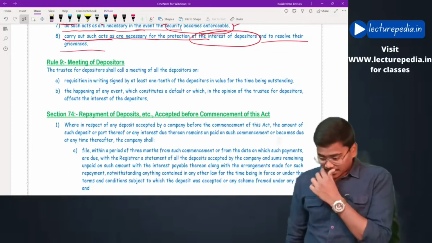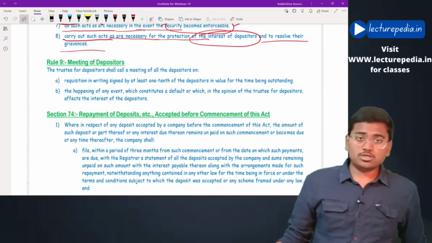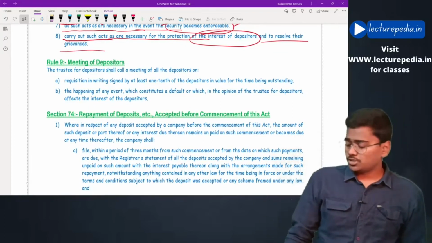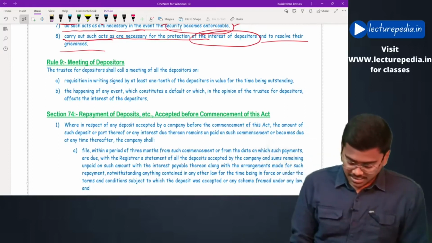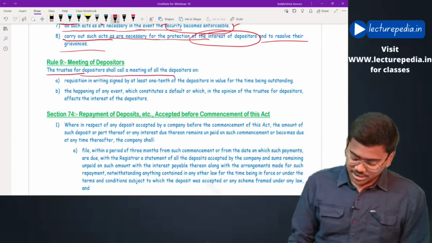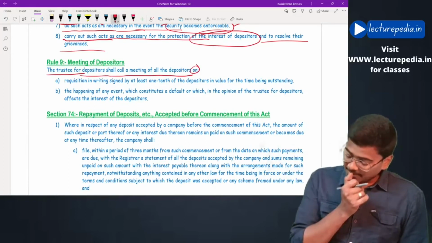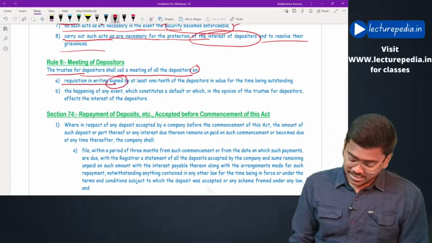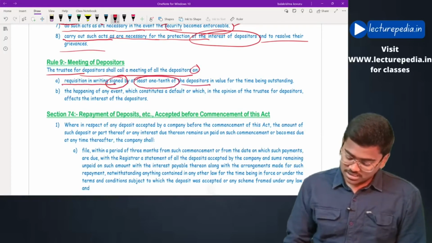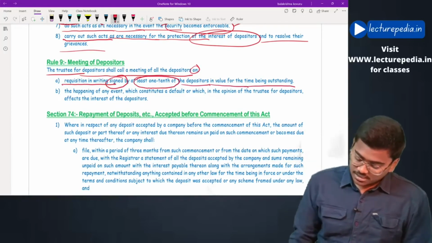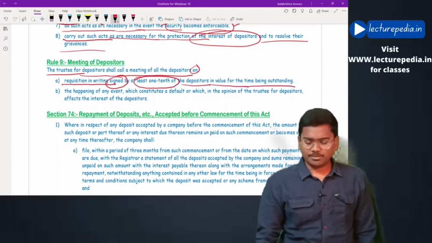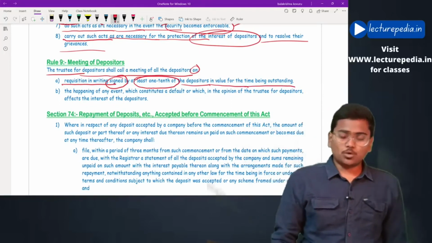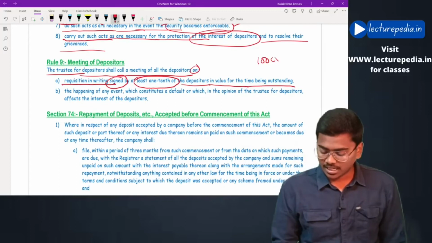Rule number 9, meeting of depositors. When should a meeting of depositors be held? The trustee for depositors shall call a meeting of all depositors on requisition in writing signed by at least 1/10 of the depositors in value for the time being outstanding. Let's say the total outstanding deposits are 100 crore.